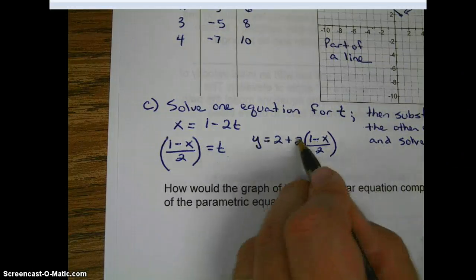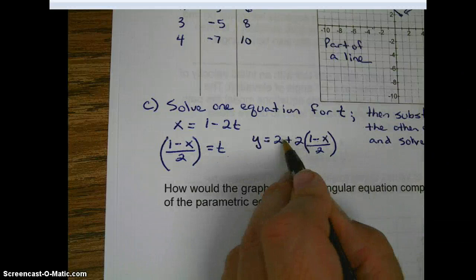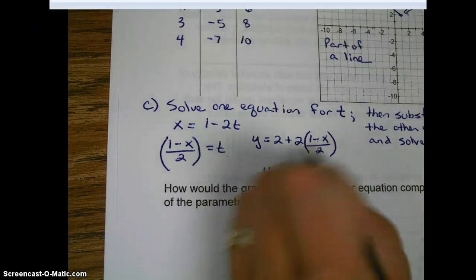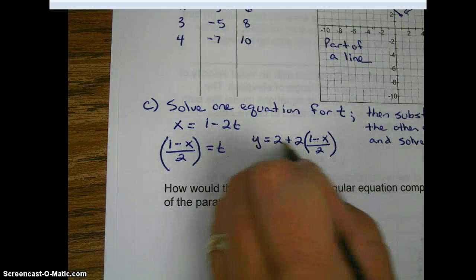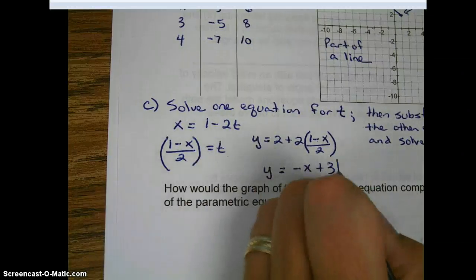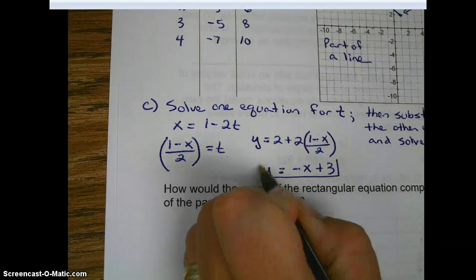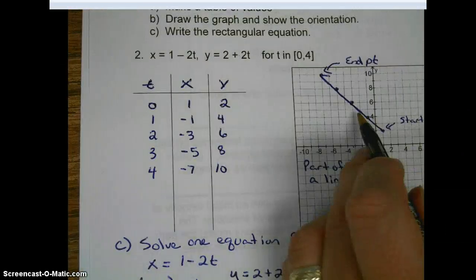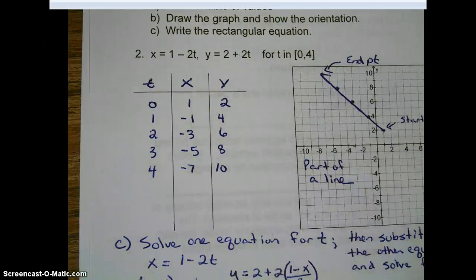So the 2's cancel. Okay, 2 plus 1 is 3. So we're going to have y equals, I'm going to put the negative x first and then the 3. And that is the rectangular equation for this line segment.